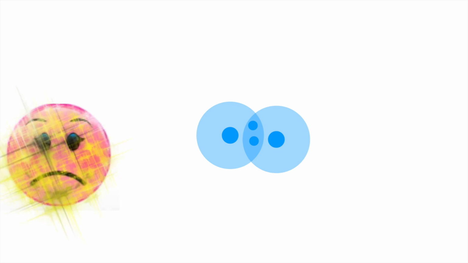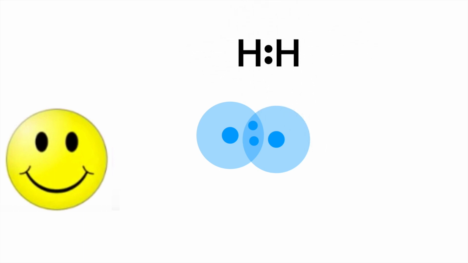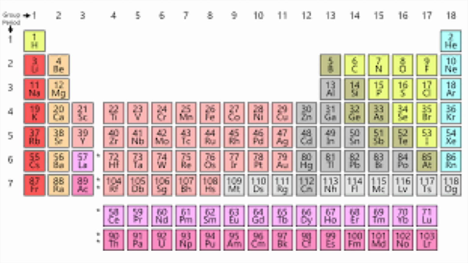That's how you become happy. Now this pair is a happy atom, each one. And this is the Lewis dot structure for this configuration: H-H, H2, or hydrogen gas. Okay, so that's it for happy atoms.